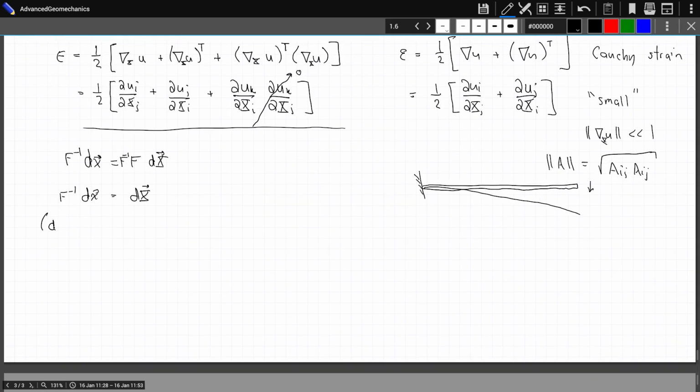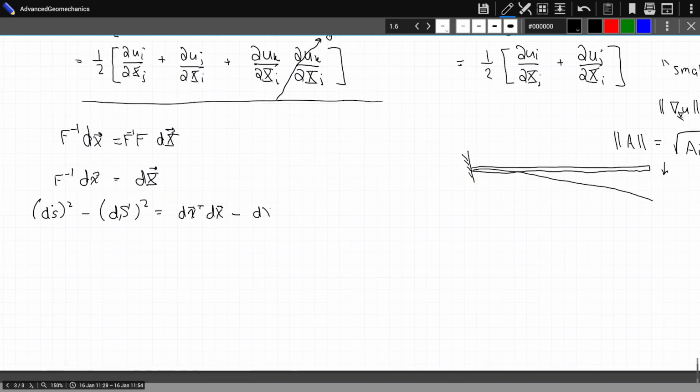Remember, we have ds squared minus dS squared. This time, remember that was dx transpose dx minus dX transpose times dX.